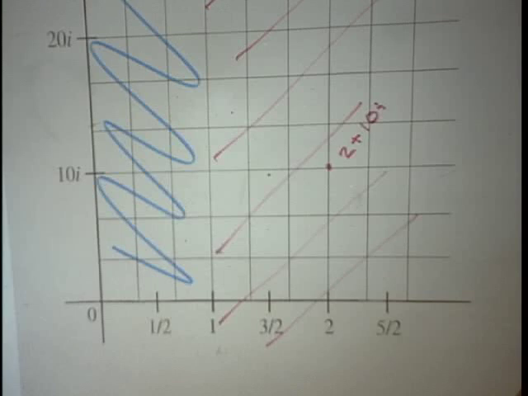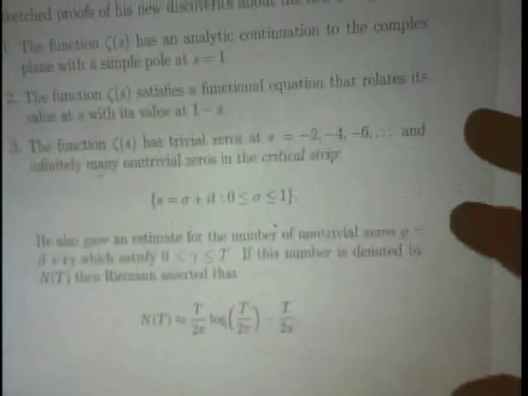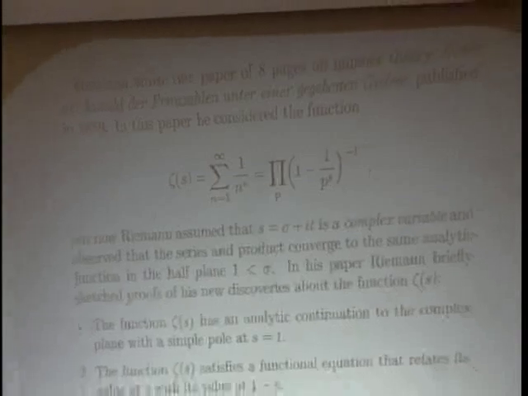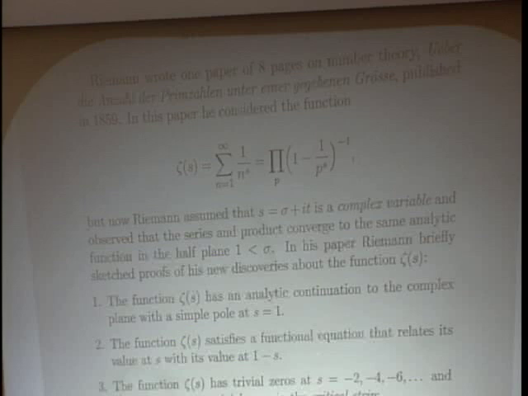But before we get to the precise reason, Riemann also indicated a rough argument for the number of zeros up to height capital T. So if beta plus i gamma is a complex number which is a zero of the zeta function, then, since I'm only talking about the non-trivial zeros, beta has to be between 0 and 1.